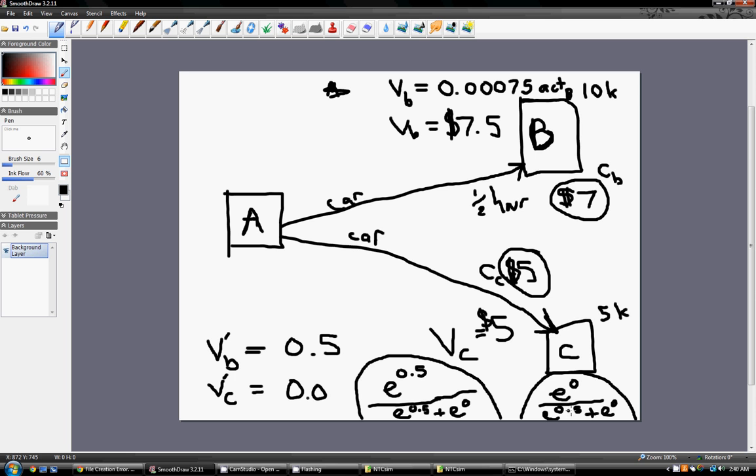That's meant to be an e to the 0.5 on the bottom there. So basically it's a discrete, a multinomial logit model where the utility of each destination is this net value variable.